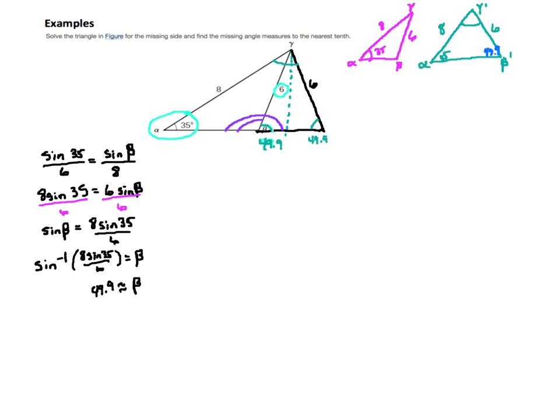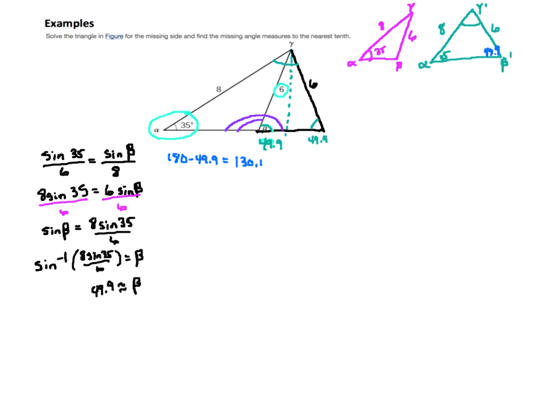So if I take 180 degrees and subtract that 49.9 out, that's going to give me the angle beta that I thought I was solving for to begin with. So 180 minus 49.9 gives me 130.1.